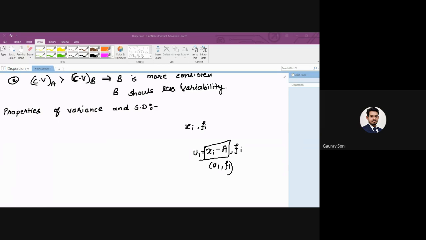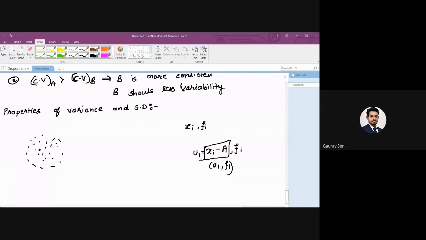So what do the variance and standard deviation calculate? As we have seen till now, standard deviation and variance both just calculate the deviation of the data from its mean value. Say, for example, you have this data somewhere here like this, and in this you will have the mean somewhere here.